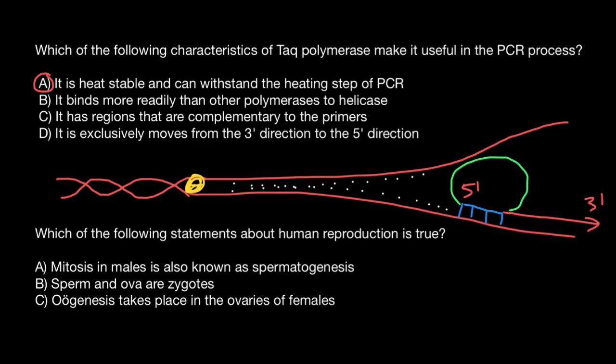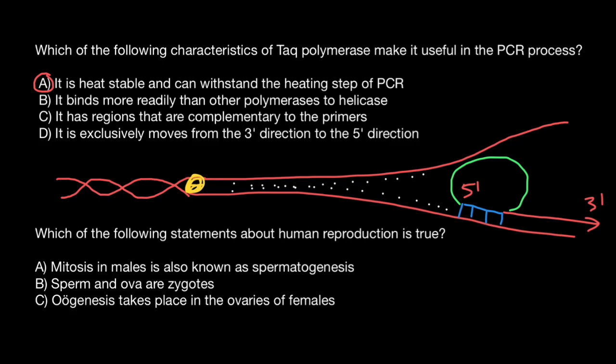The name itself, Taq, stands for the DNA polymerase 1, named after the thermophilic eubacterial microorganism Thermus aquaticus, from which it was originally isolated in 1976.